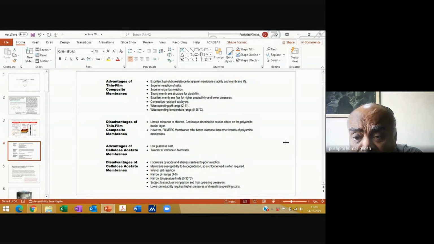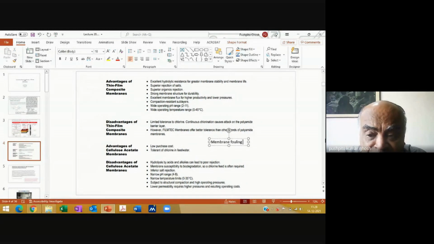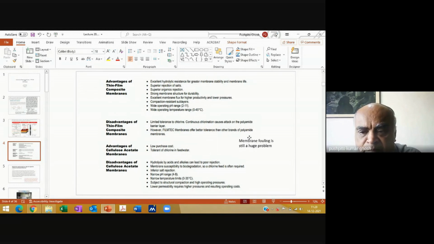Membrane technology otherwise is many times quite good. This is still a huge problem, and you can see that all of them have conveniently left it out. But most of the time, you have to chuck away a membrane after some time because it has got fouled. So keep this in mind.